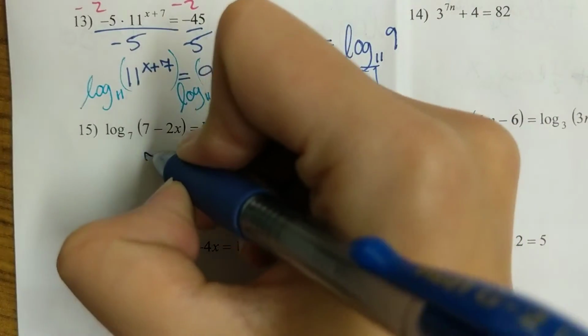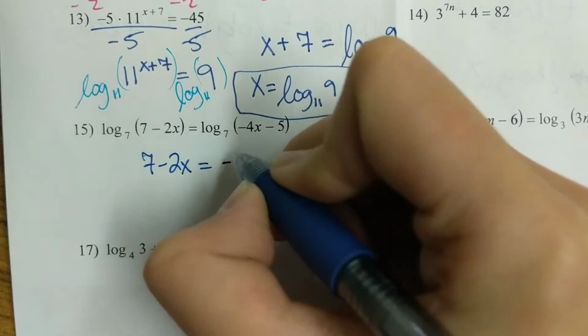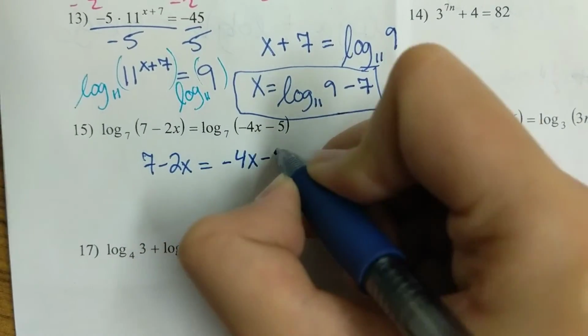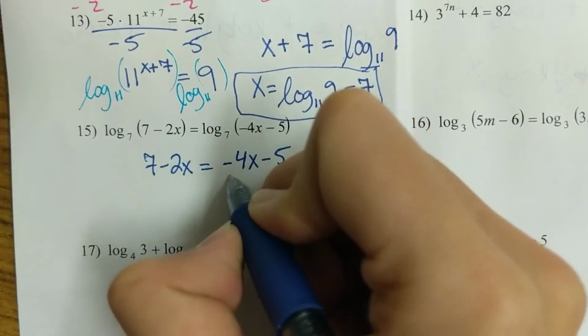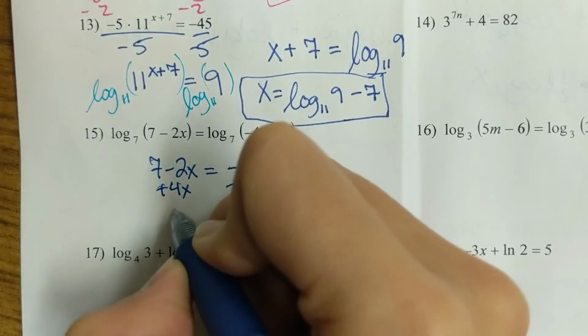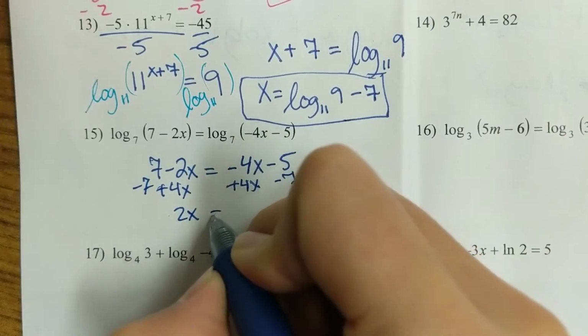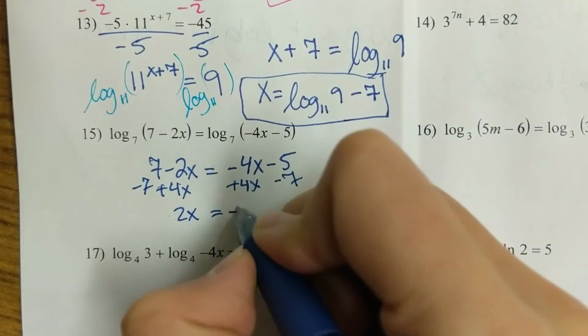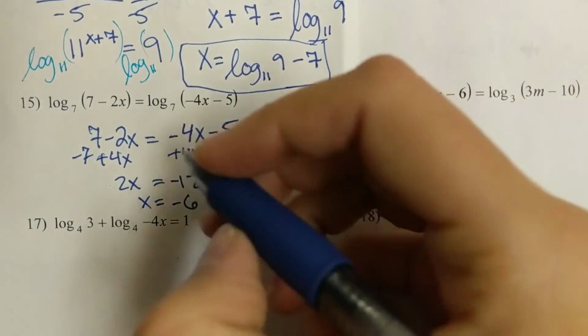So 7 minus 2x is equal to negative 4x minus 5. And then it becomes a much simpler equation to solve. Sorry. 2x is equal to negative 12, so x equals negative 6.